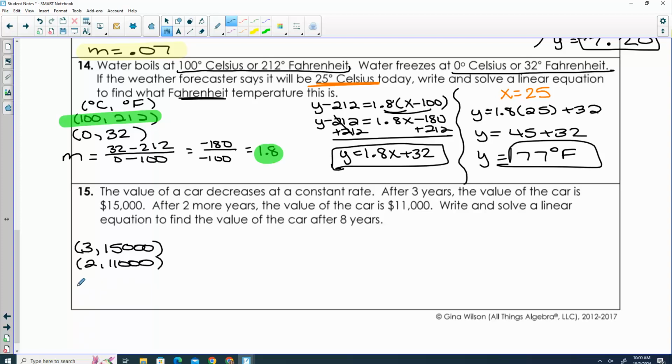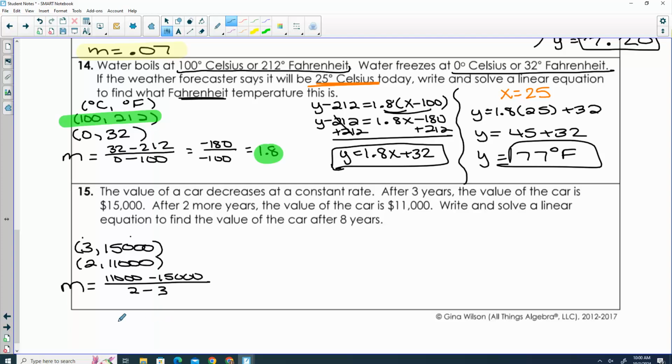Okay, Riley, once I have those, what do we have to do? So we've got our 2 order pairs, and then we do what with them? X1. So it's like my x1, y1, x2, y2. So we do our slope. y2 minus y1 over x2 minus x1.